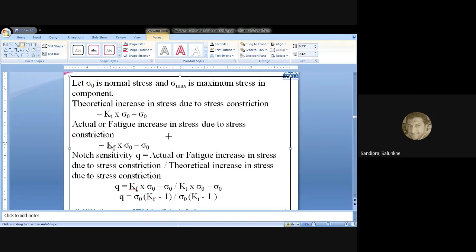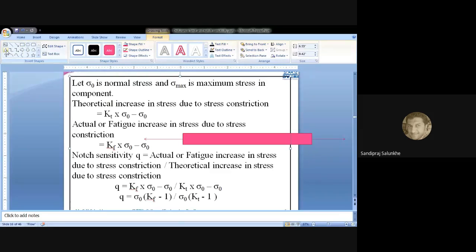Here again I can draw this diagram. Suppose we have this plain shaft on which we apply a tensile load from this side, and obviously it will be applied to this side also. If we apply this tensile load on the geometry, then stress will be generated. That stress we can call a normal stress.